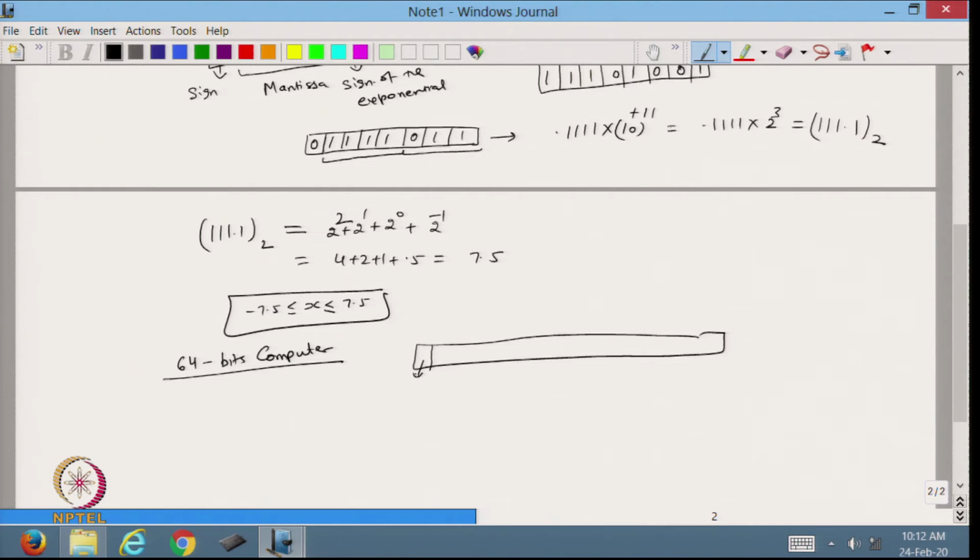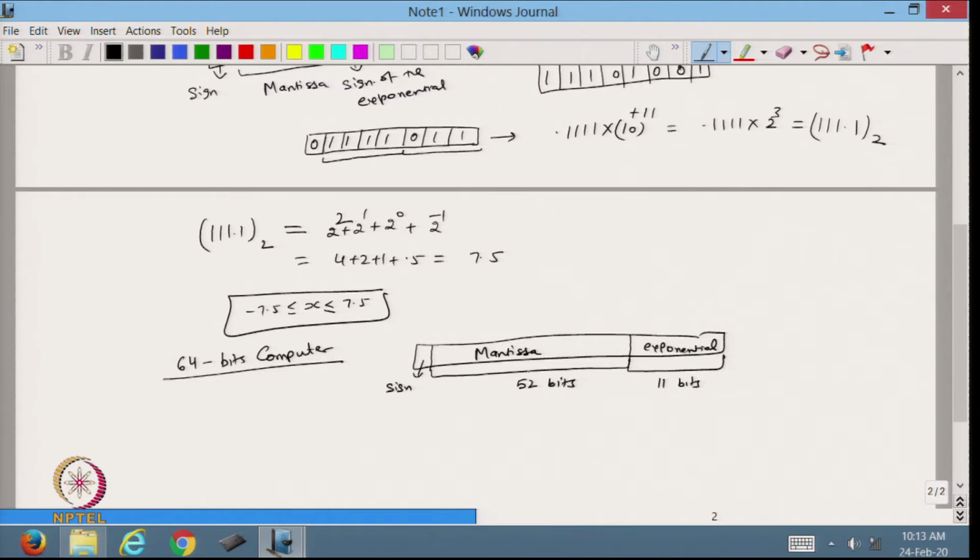In this case the first bit is for the sign, then these 52 bits are for the mantissa part, and the next 11 bits are for the exponent. So, 52 plus 11 plus 1 is 64. So, this is the way a number is stored in 64 bits.